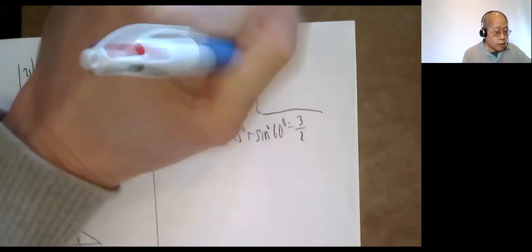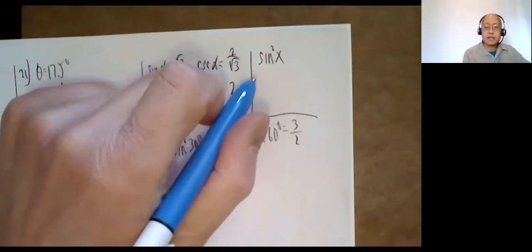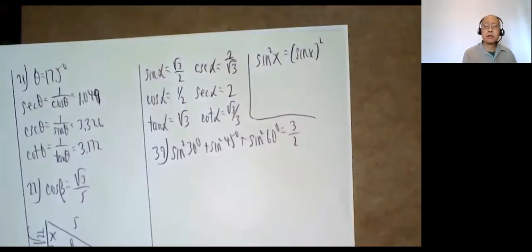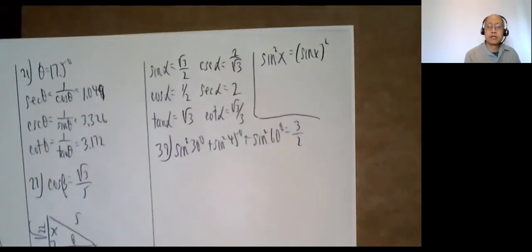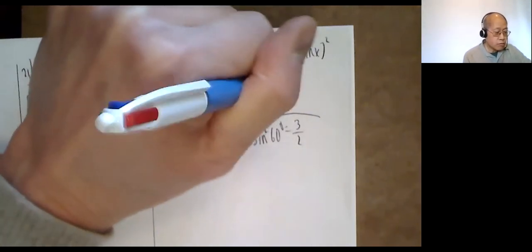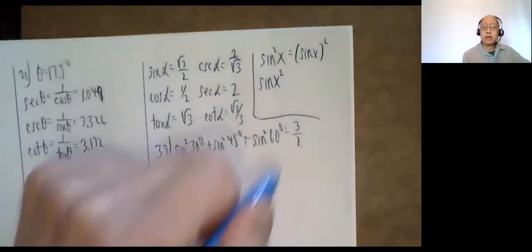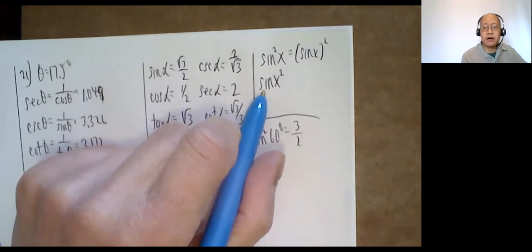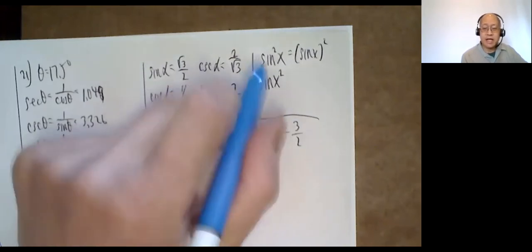When we write sine squared of x, it means sine of x times sine of x. We will say sine squared of x. We don't write it the other way. Can you guess why we don't want to write it like that? That means the sine of x squared, and that's not necessarily the same.